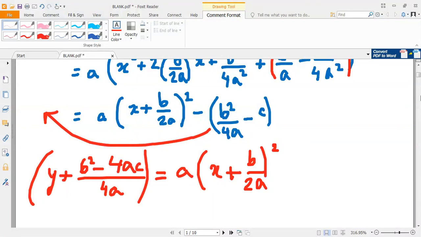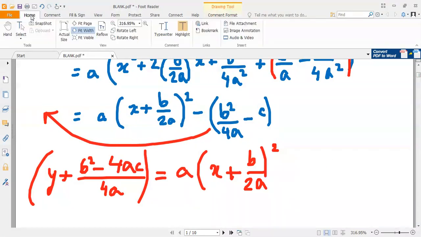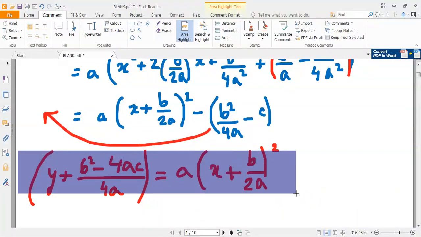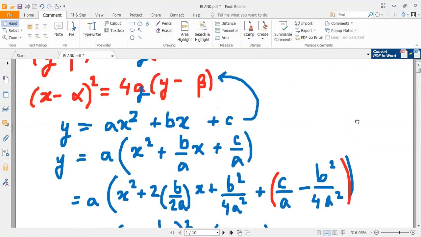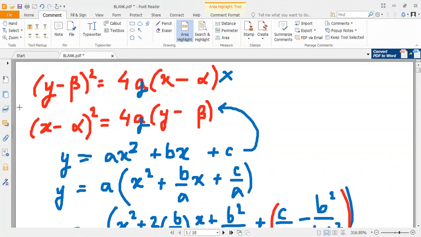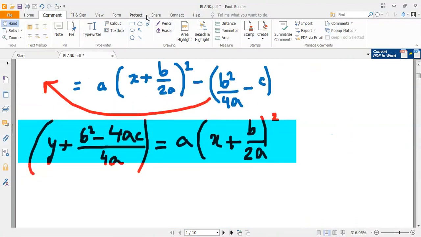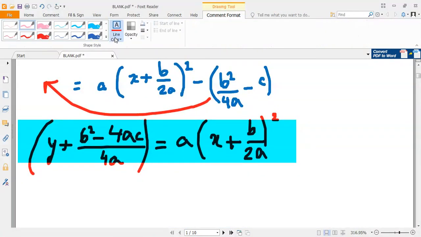So if I want to highlight this expression and compare it with this expression, I see that in this case alpha is actually this expression. So I take a different color. This expression is alpha, and this expression, b square minus 4ac by 2a, is actually beta.